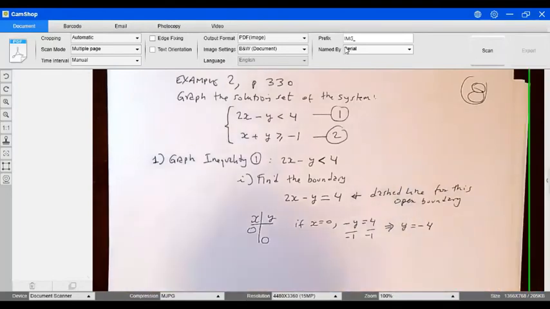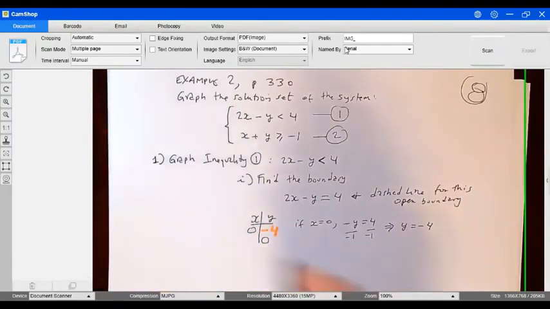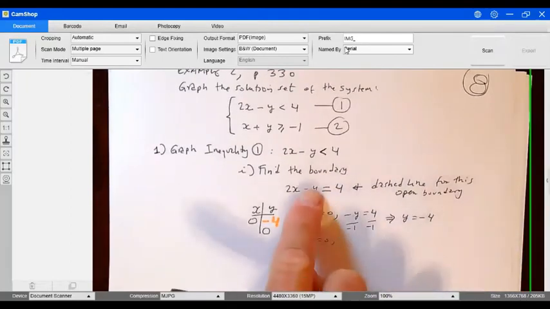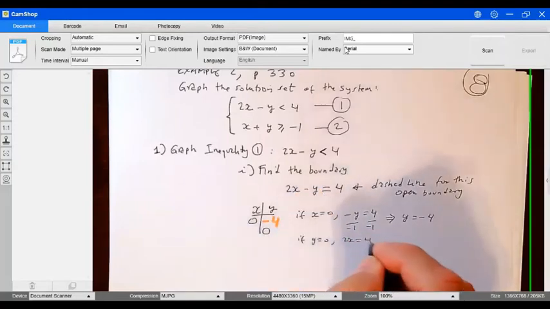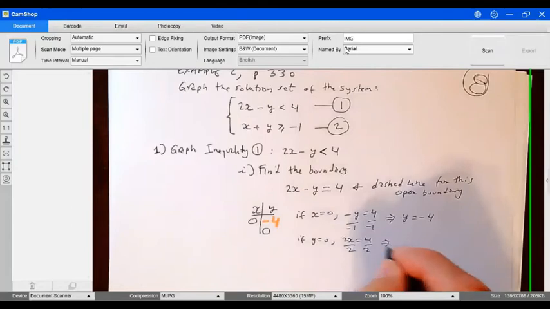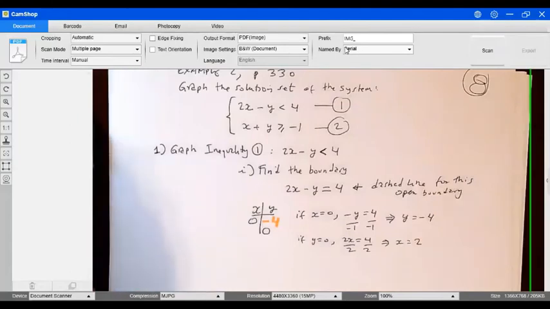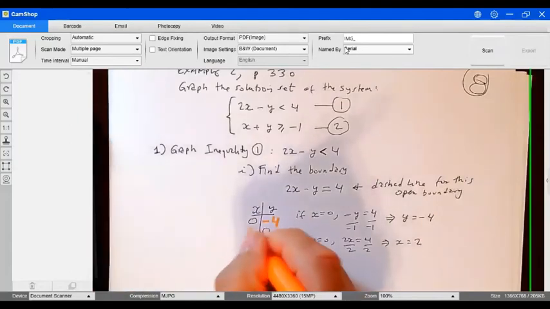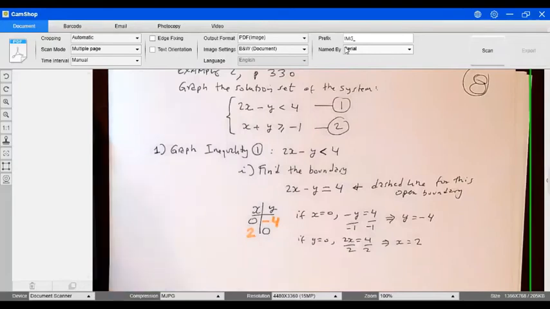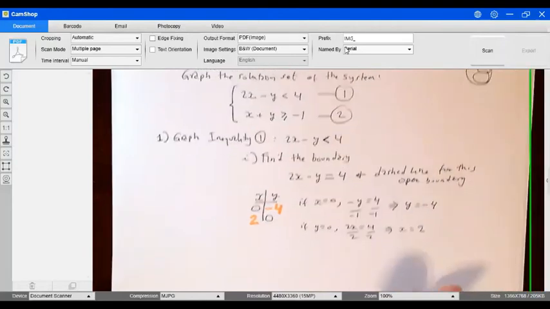So the first intercept is negative 4. Then when you set y equals 0 to find the other intercept, you hide negative y, and you read 2x equals 4. Then you divide by 2, because that's the coefficient of x, so you get x equals 2. So that's the other intercept. Now we have 2 points for the first boundary.